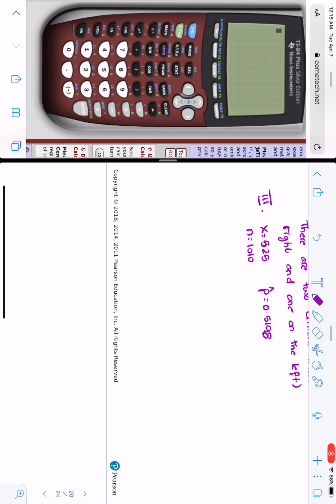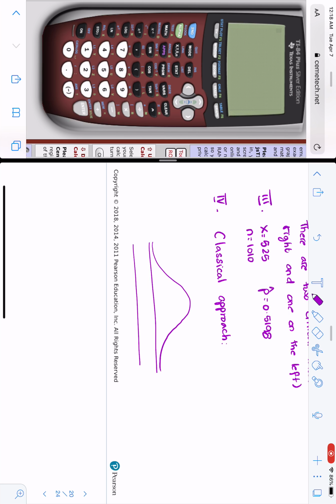So if we go about doing the classical approach, there has to be two critical values, one on the right hand side, the other on the left hand side.